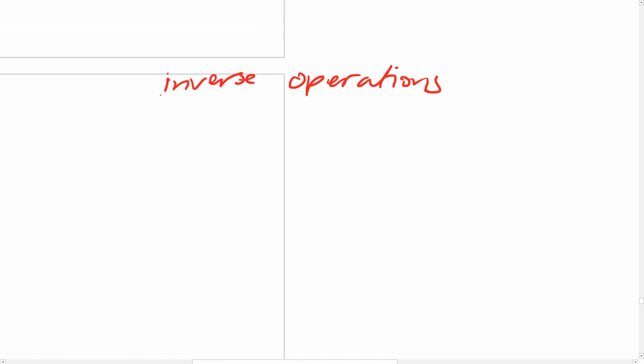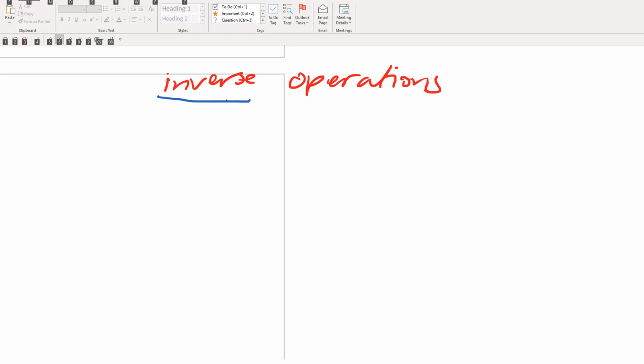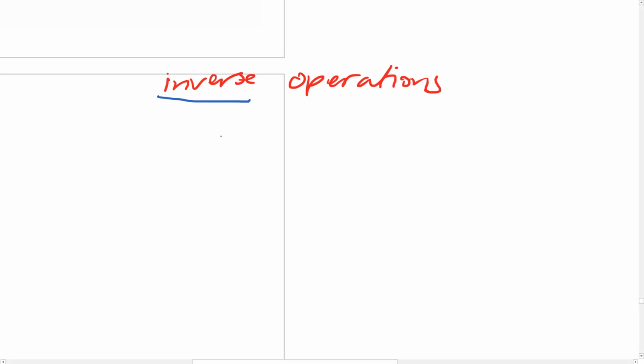Now, you actually should already know what the word inverse means, but just to dumb it down a bit and go back to what we would have learnt last year: if you have something that is being added on one side of the equal sign, the inverse of addition is going to be subtraction.